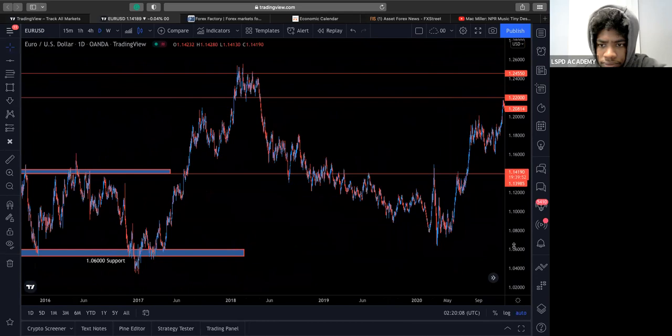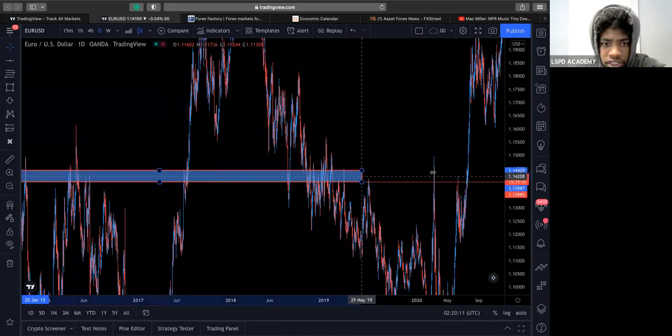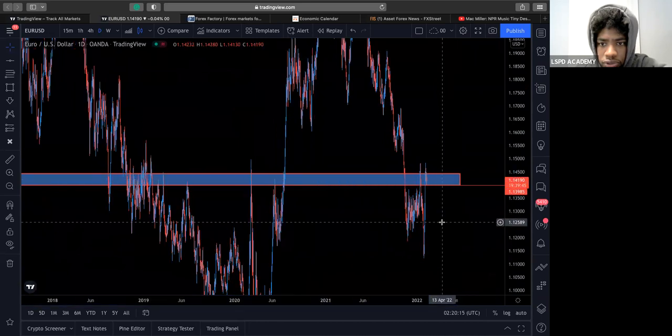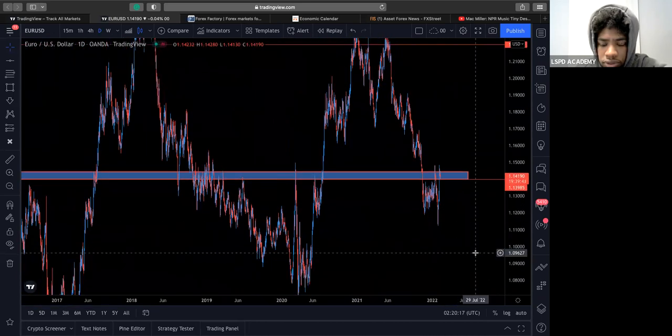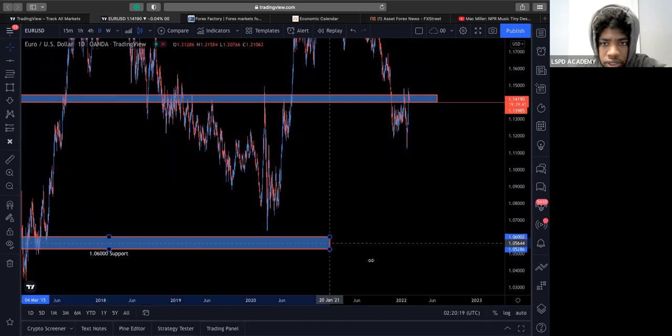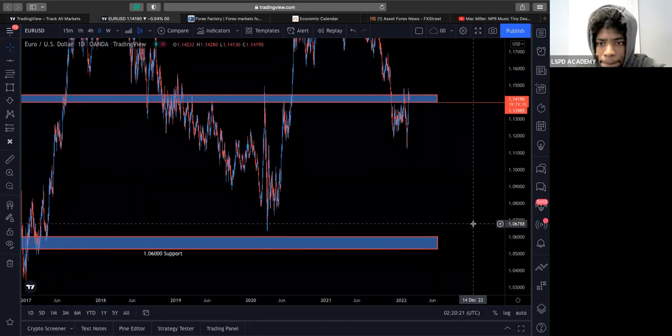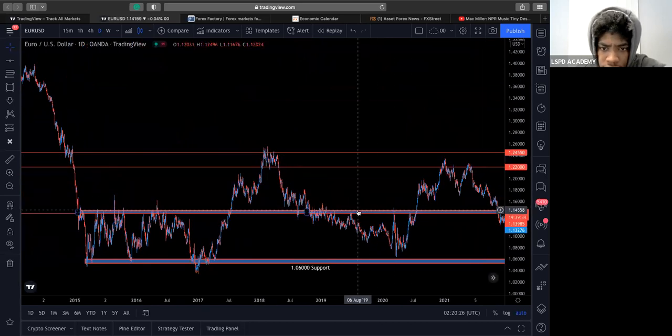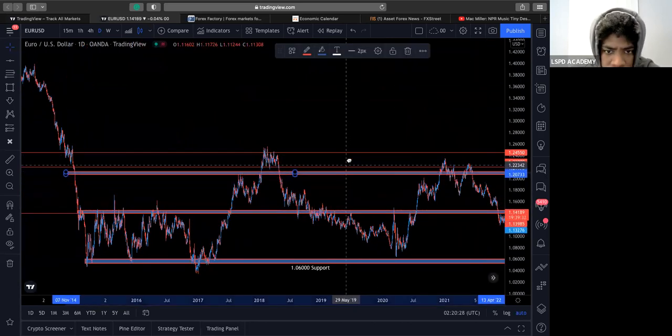Then I just drag these zones out to where price currently is. Once you've got that, I think this is a pretty good zone.